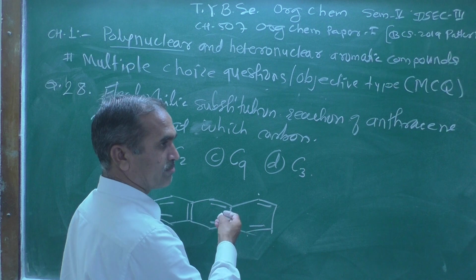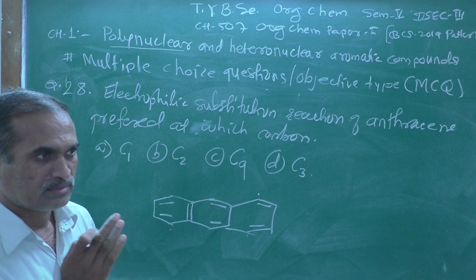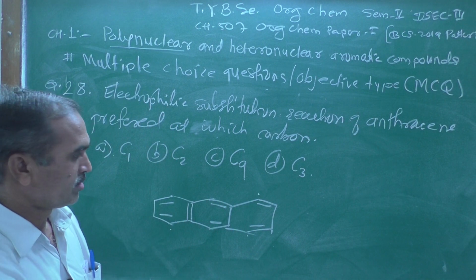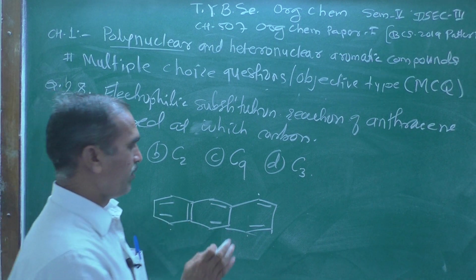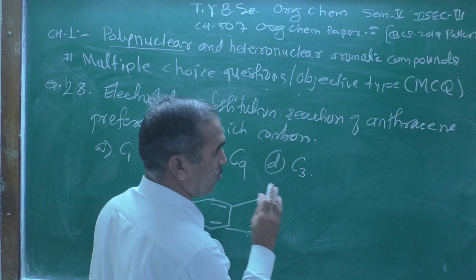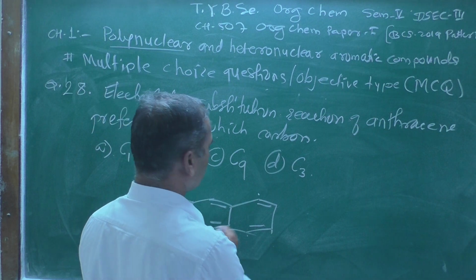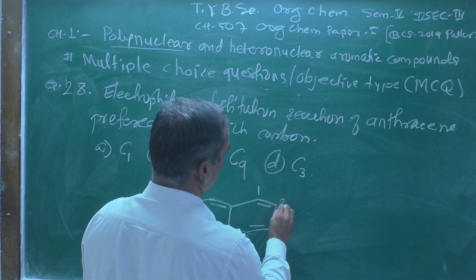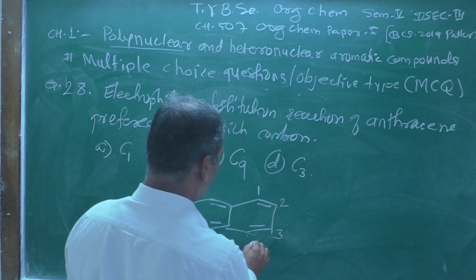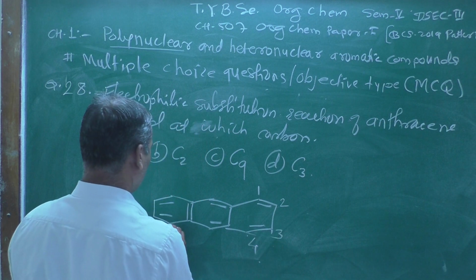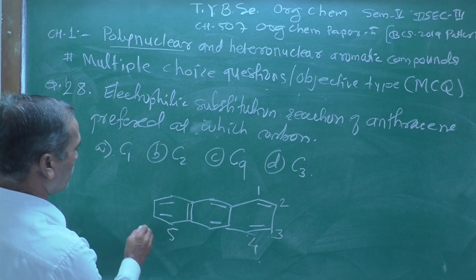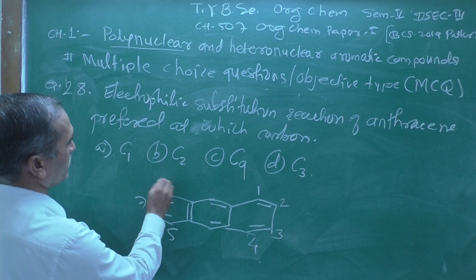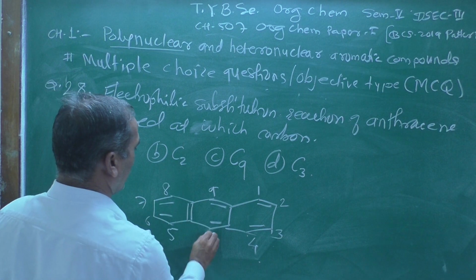But let us see the conventional numbering system. The numbering starts from here: 1, 2, 3, 4, then 5, 6, 7, 8, 9 and 10.